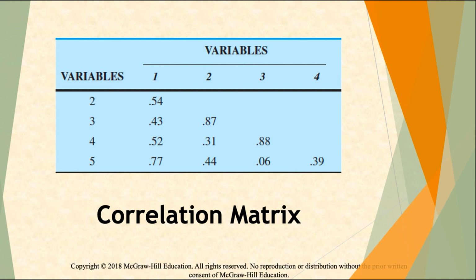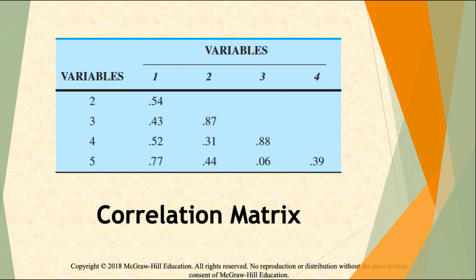For example, the correlation between variable 5 and 3 can be found by reading across the row labeled variable 5 to the column labeled variable 3. The correlation found at the intersection is 0.06. Note that the numbers along the diagonal are omitted from the table. This is because the diagonal positions represent the correlation of each variable with itself, which is necessarily 1.